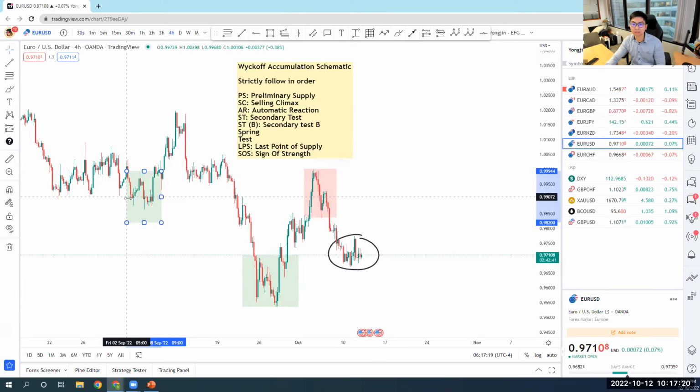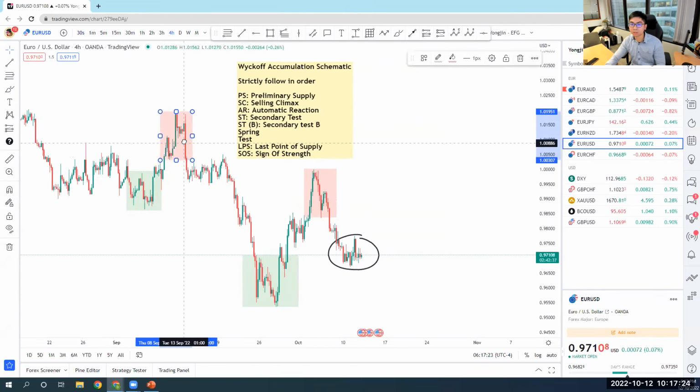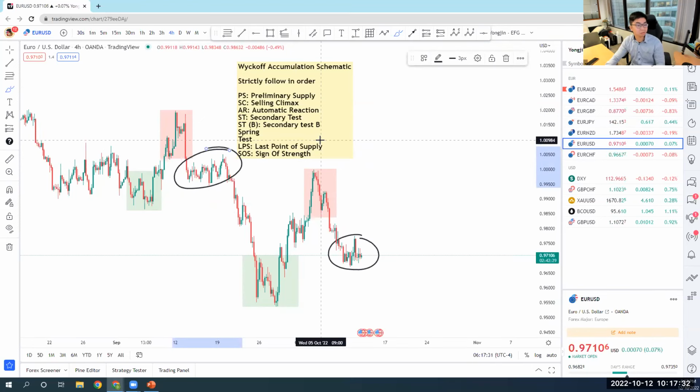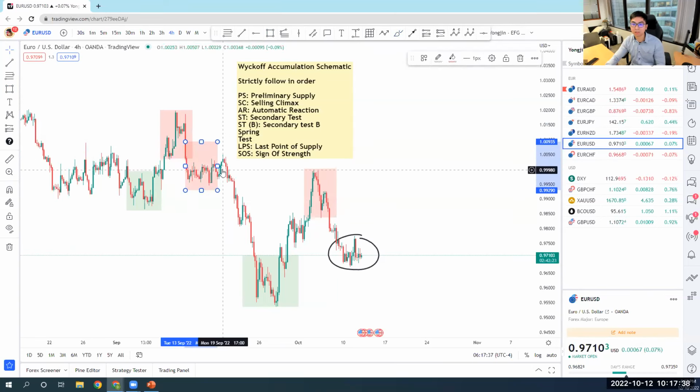Price reaccumulated, then it distributed, then it came back down, before, at this area, price redistributed to go further down.